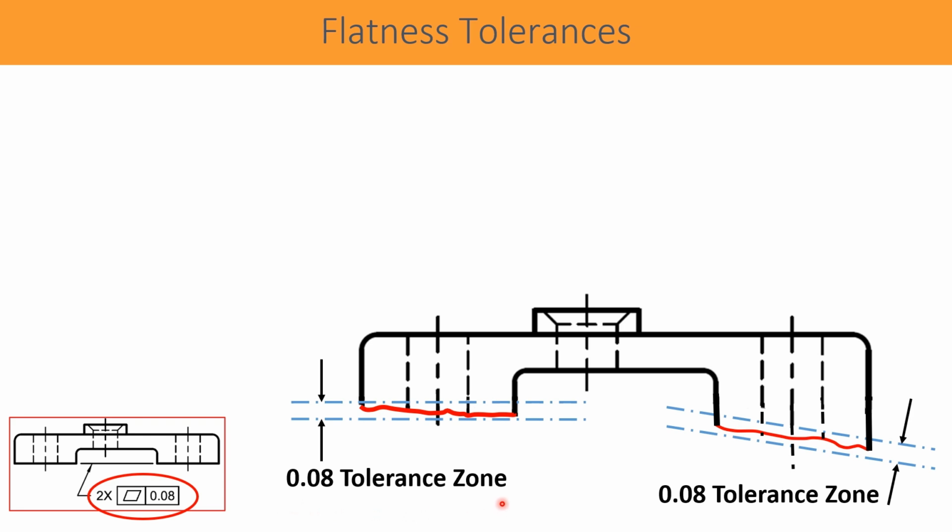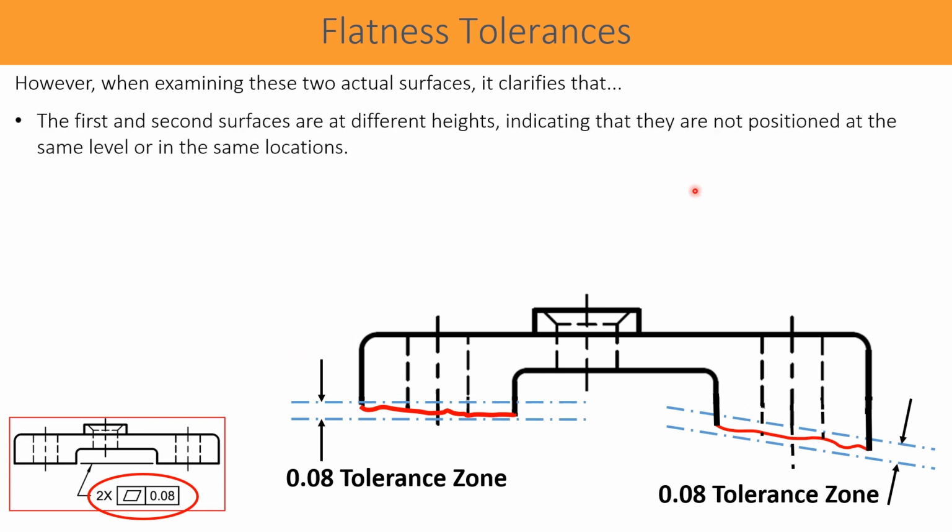However, when examining these two actual surfaces, it is clear that the first and second surfaces are at different heights, indicating that they are not positioned at the same level or in the same location.